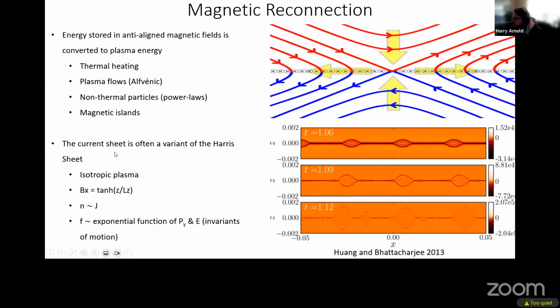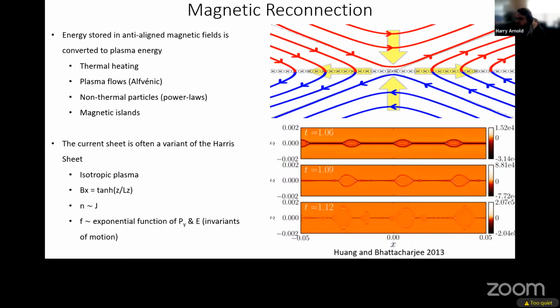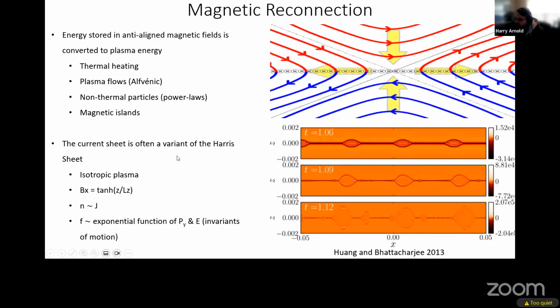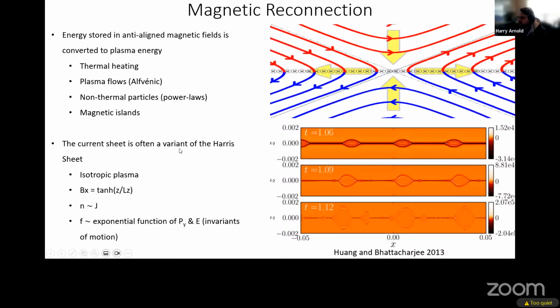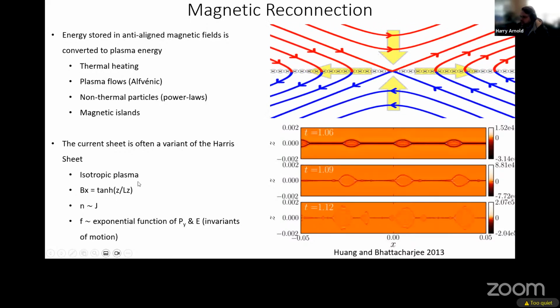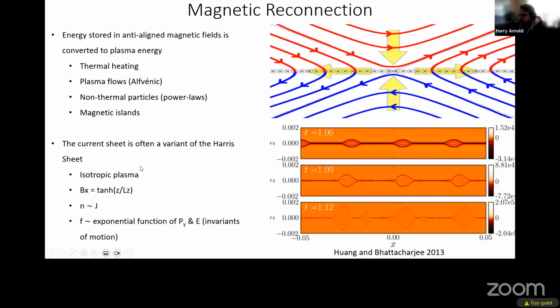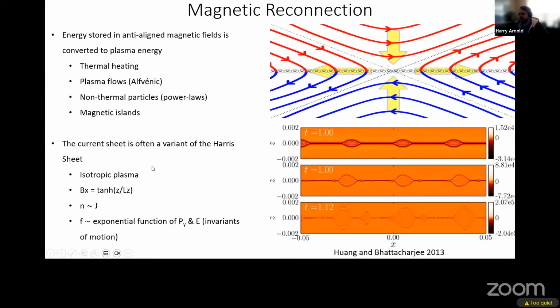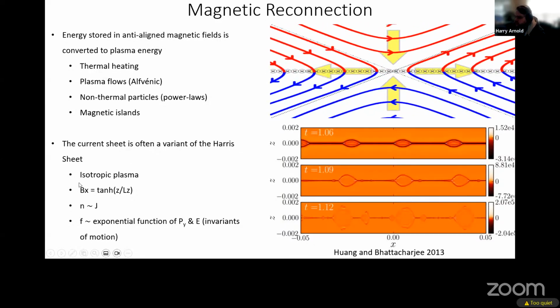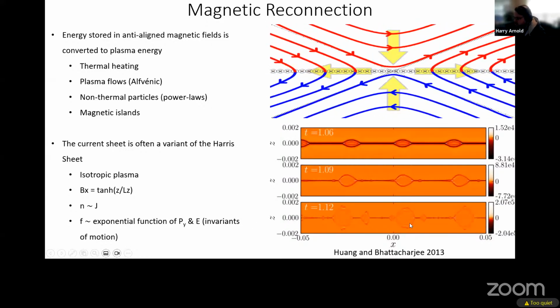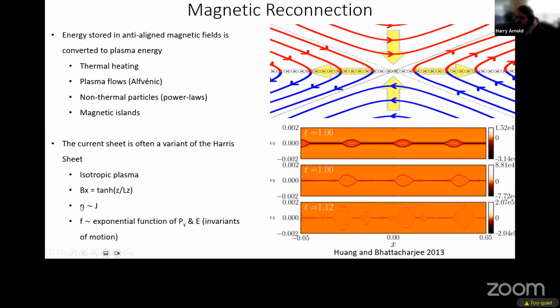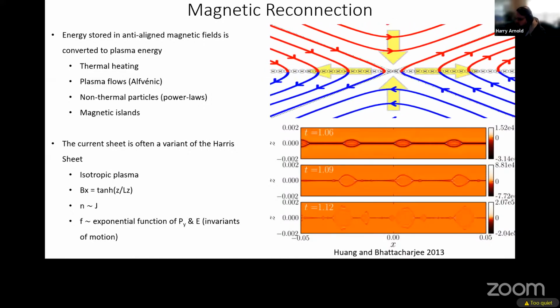The current sheet that is often studied, especially in PIC simulations, is some variant of the Harris sheet. And basically what is typically considered is an isotropic plasma. With that, you end up with a magnetic field that looks like a tanh that goes across the current sheet. The current density and the density are proportional to each other.